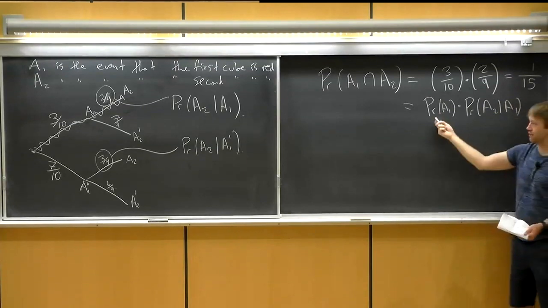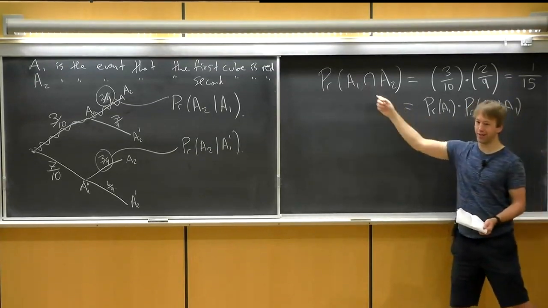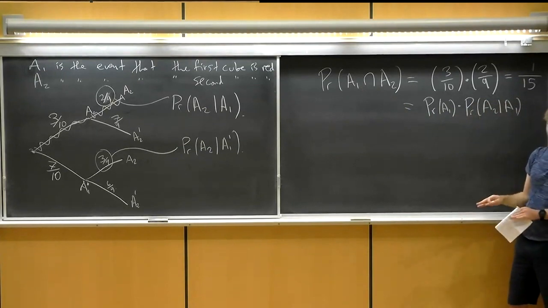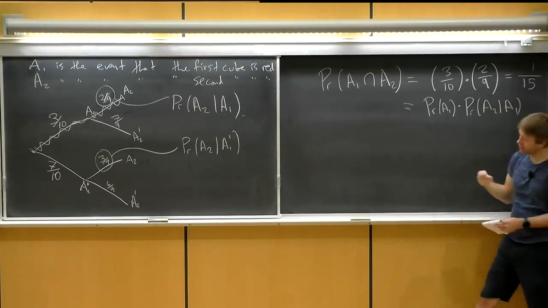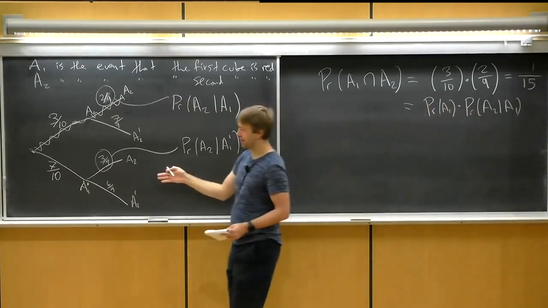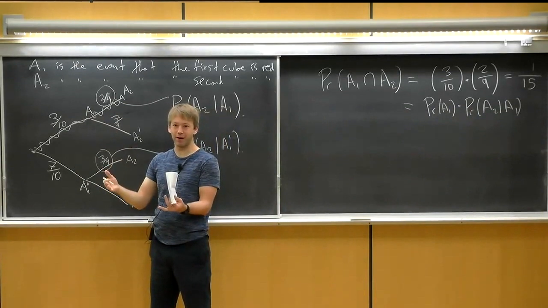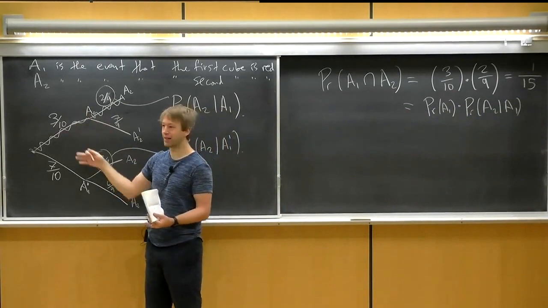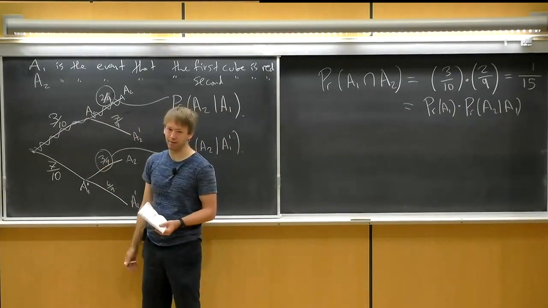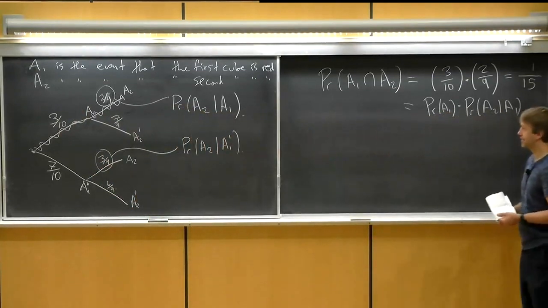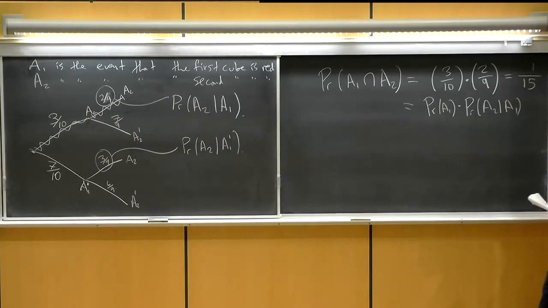We've already seen this formula before, that the probability of the intersection is the product of these two probabilities. This is not different from what we did before. It's just a convenient diagram which encapsulates the experiment. So you can get lots of different information about the experiment from this diagram.